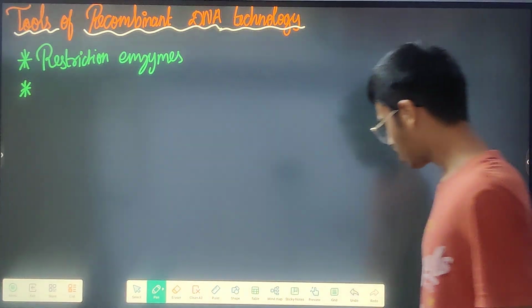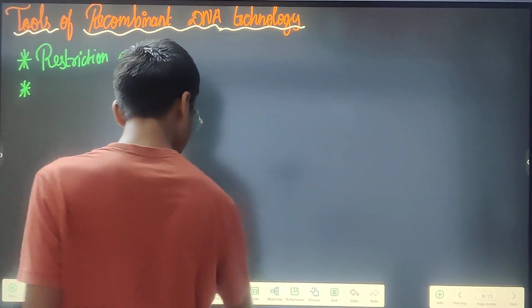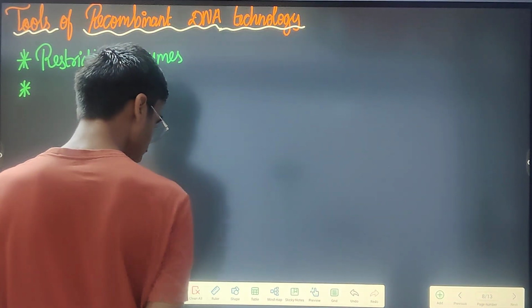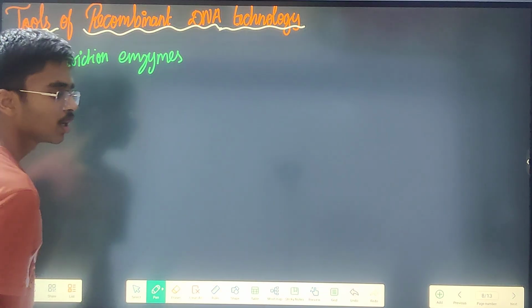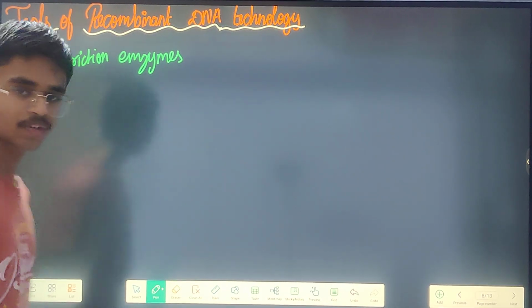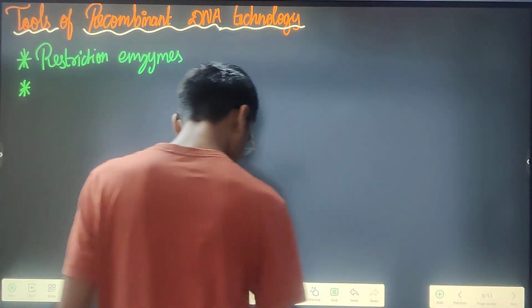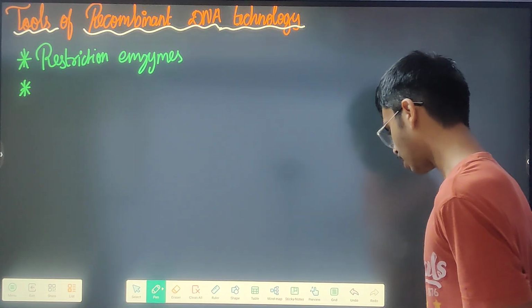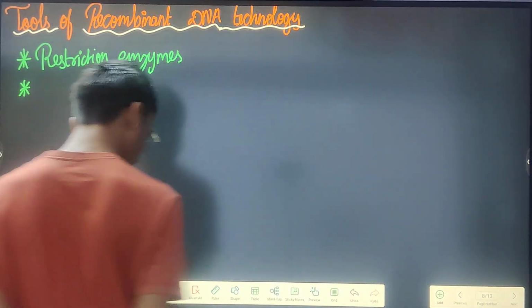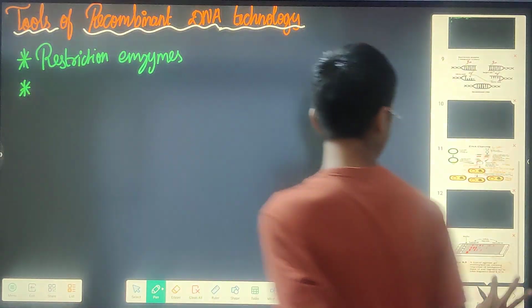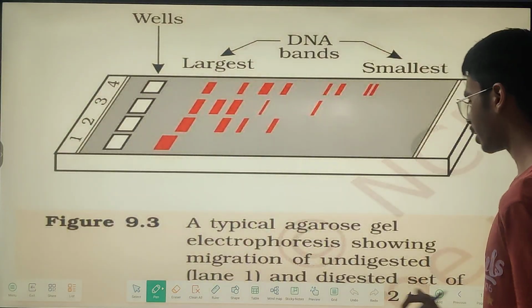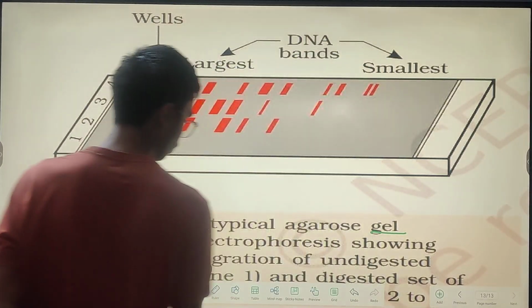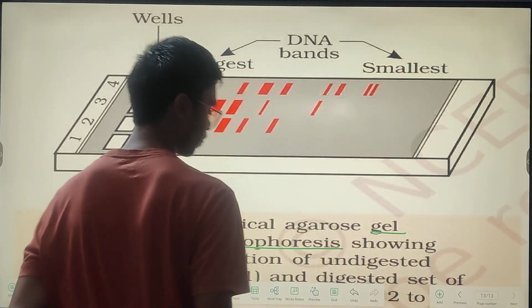Then after this we have gel electrophoresis, which is actually used to see the DNA fragments.